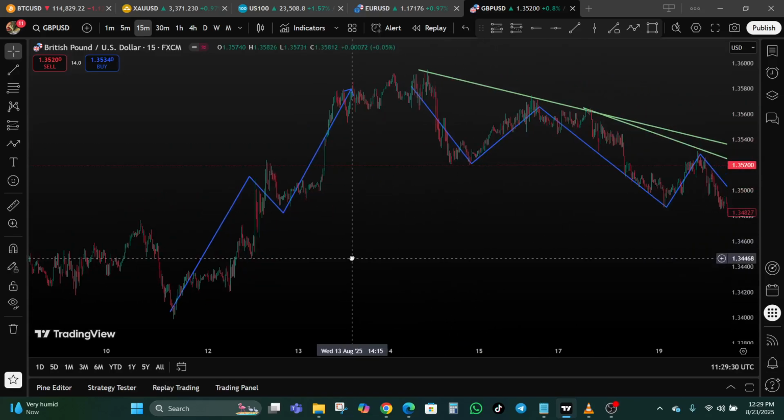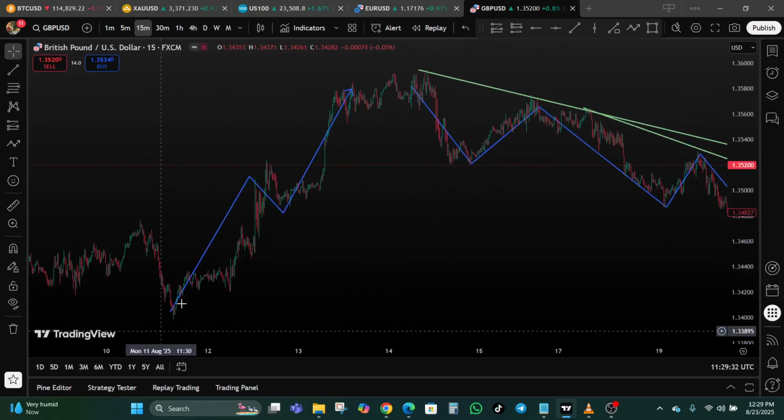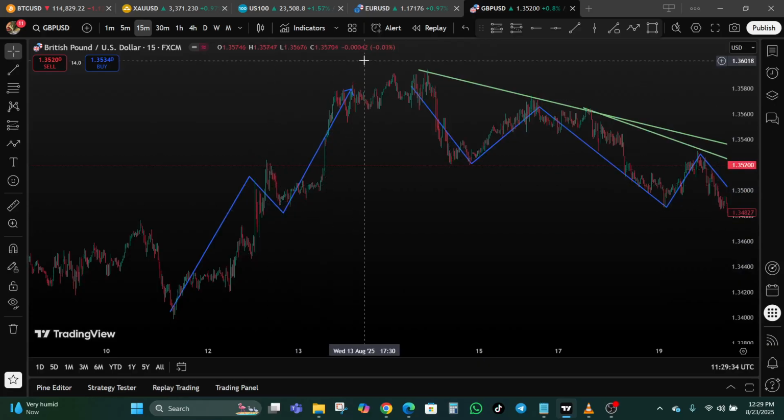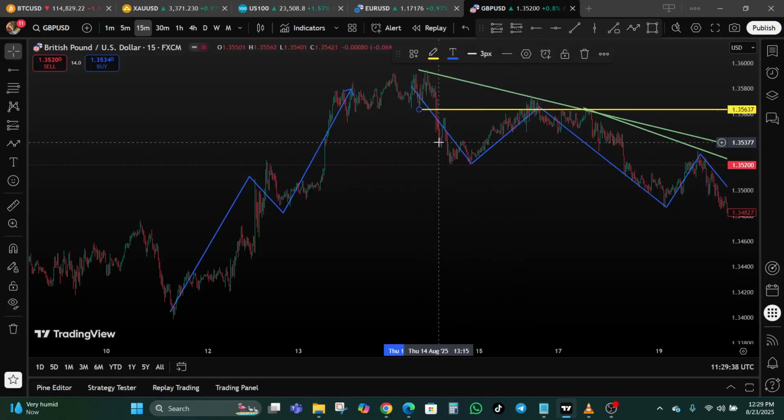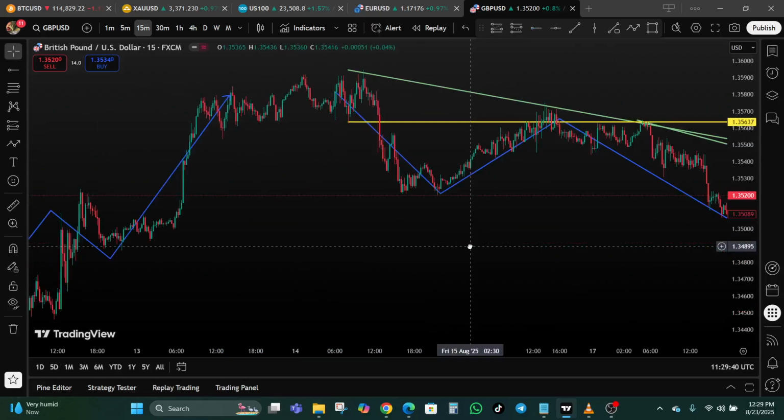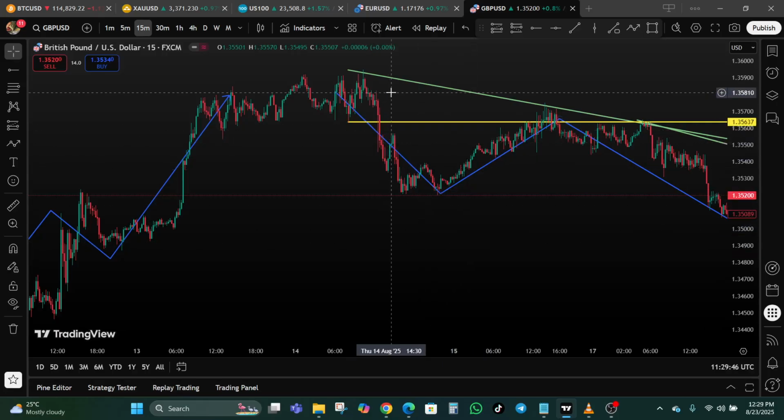So we are in an uptrend here, and then suddenly we can see that this higher low was broken. And then it fails to recover. That's a strong sign that the trend could be weakening. So when combined with a liquidity sweep at the top, it creates a high probability counter trend setup.